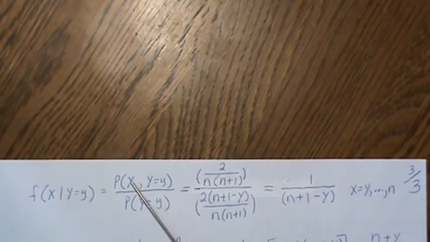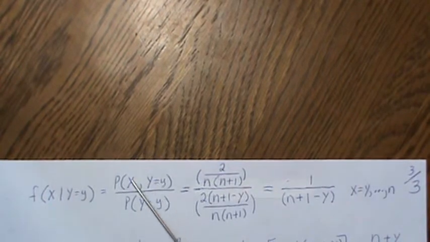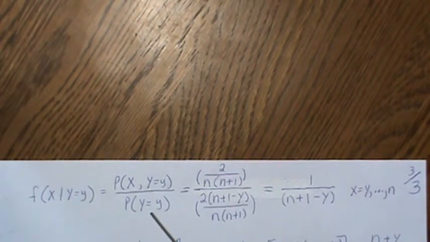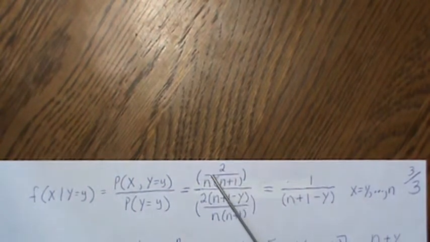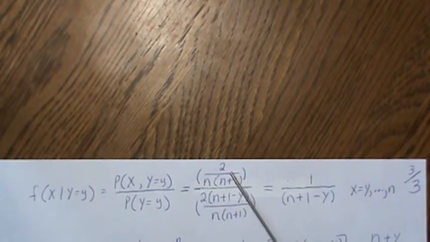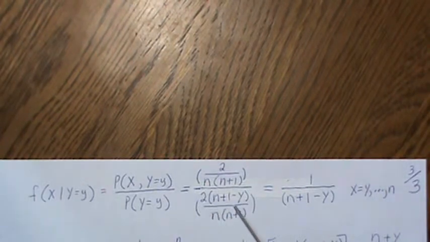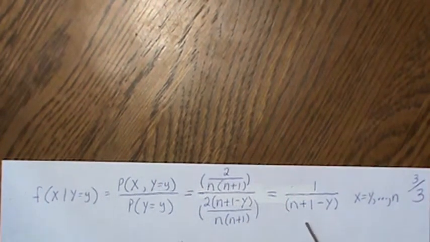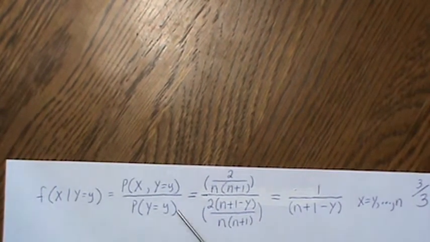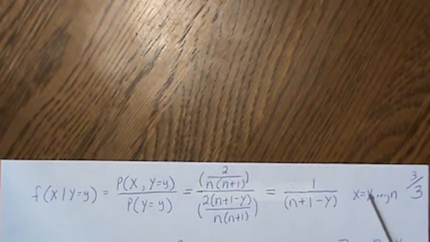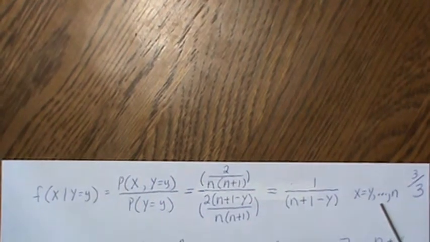So we have the intersection over the marginal, and this right here is given in the first page, first line is this. The marginal we calculated to be that. This simplifies to 1 over n plus 1 minus y, and x goes from y to n.